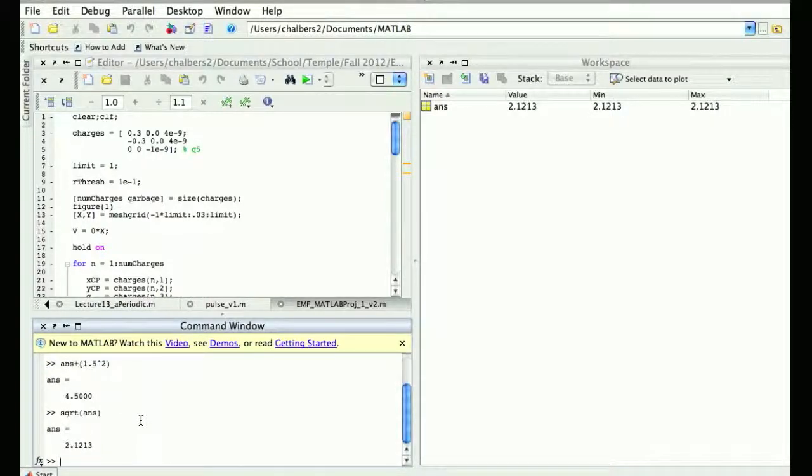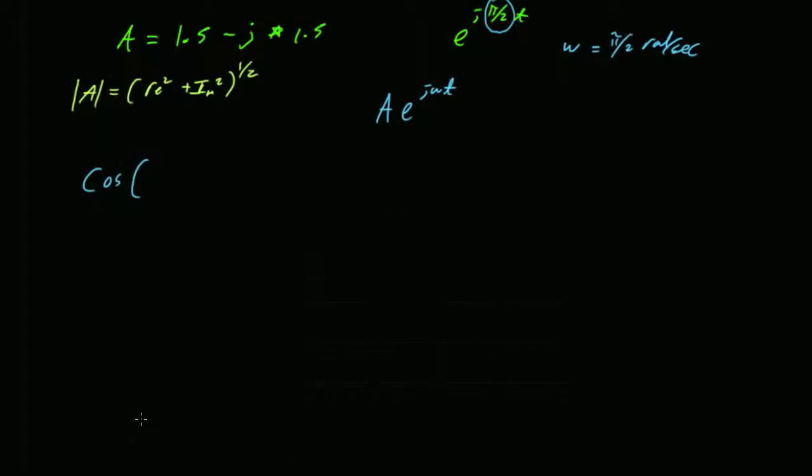Now my phase angle of A is always going to be the inverse tangent of the imaginary part over the real part, which in this case is the inverse tangent of negative 1.5 over 1.5. So I need the inverse tangent of negative 1. That's negative 45 degrees.